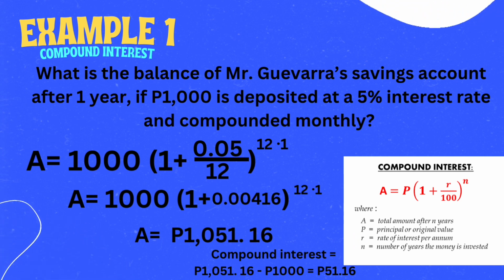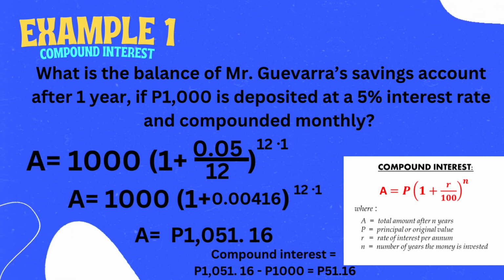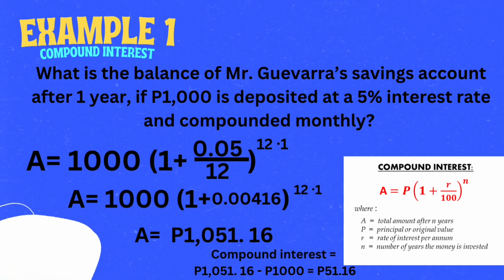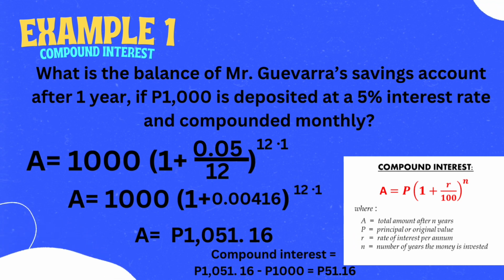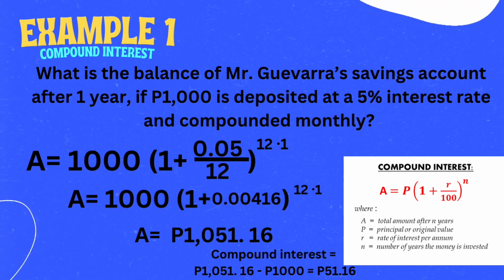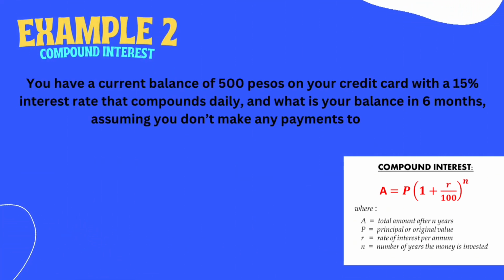So, meaning good yun. For the compound interest, F or future amount minus P or the principal or the initial is equal to 51.16 pesos. Yun yung earned niyang interest, 51.16 pesos. Now, let's proceed with the next example.